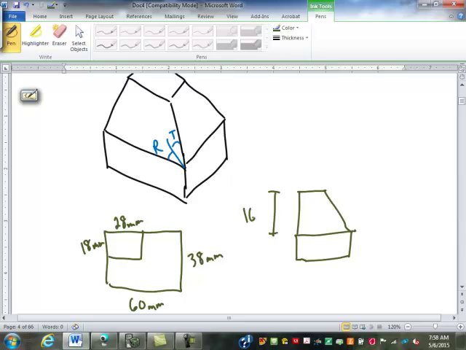And this as being 16 millimeters. What's this? That would be the height. Remember, the box that you're drawing here is basically right here. So it's from here to here, basically.